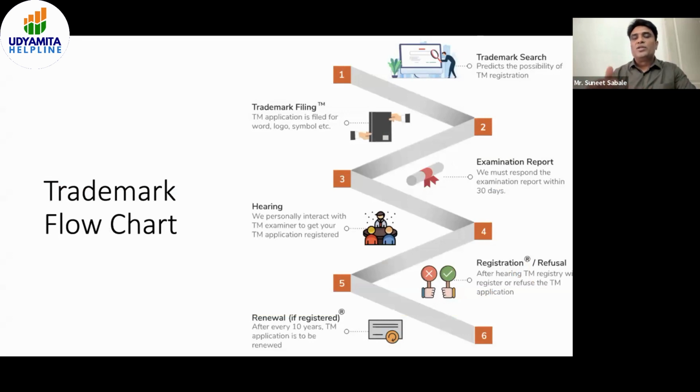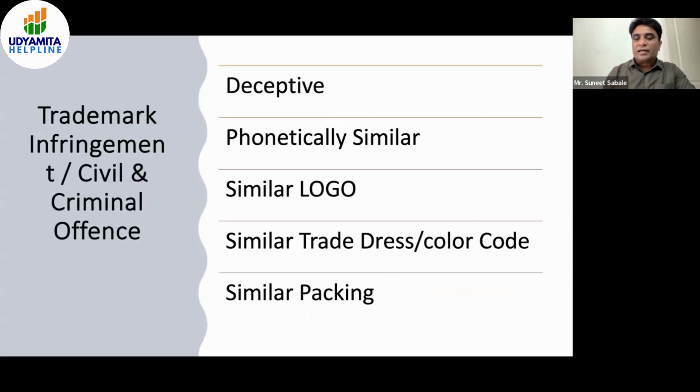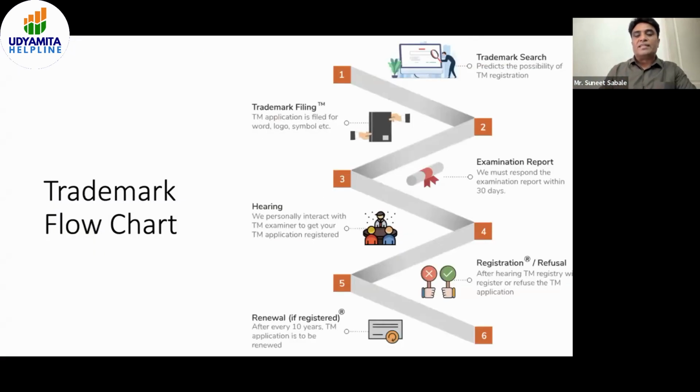Nowadays it is an online hearing, so there is no need to go to the trademark registry. During the hearing, if everything goes well, it is accepted, otherwise it will be rejected. Nowadays they are not giving multiple chances for hearing, but in the worst case, the examiner may give you multiple hearings. Then it will be registered or refused, and then you have to renew it before the expiry of 10 years.